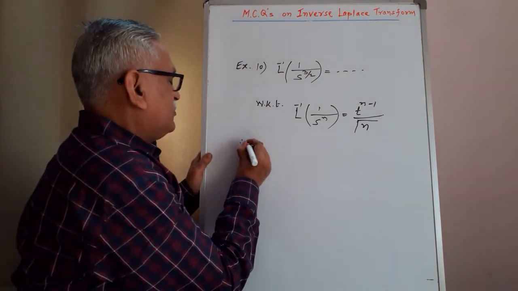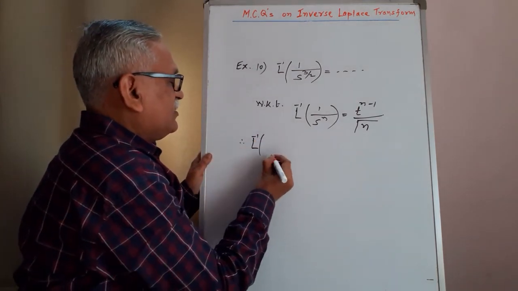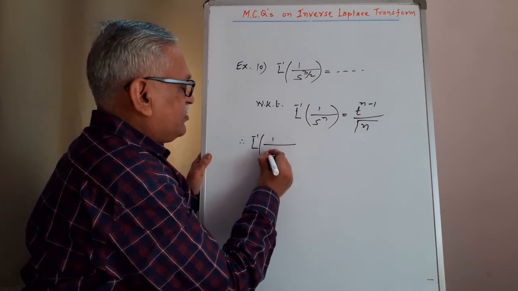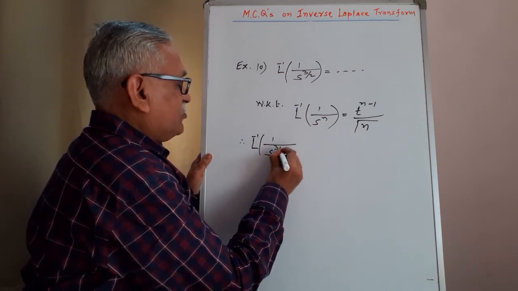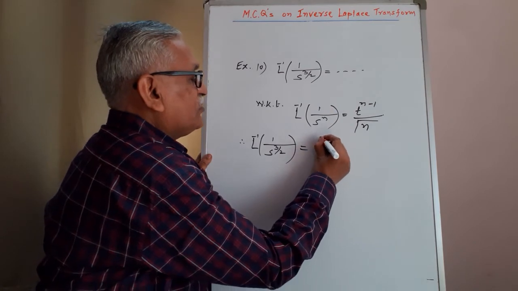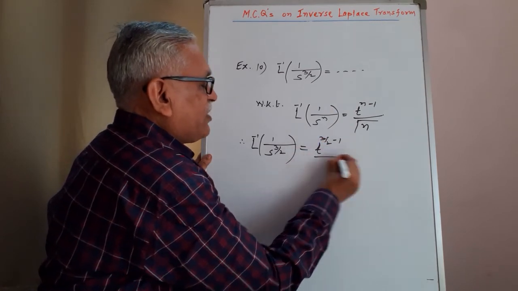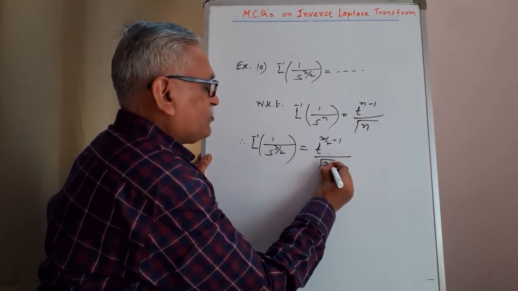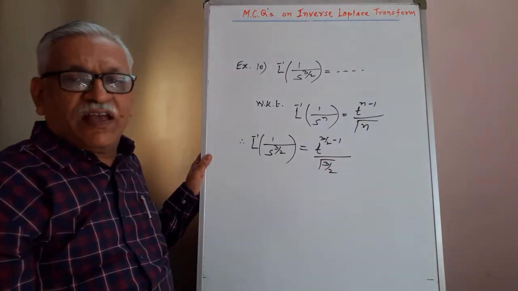Therefore, applying this result, inverse of 1 by s raised to 3 by 2 is t raised to 3 by 2 minus 1 divided by gamma of 3 by 2 as the answer.